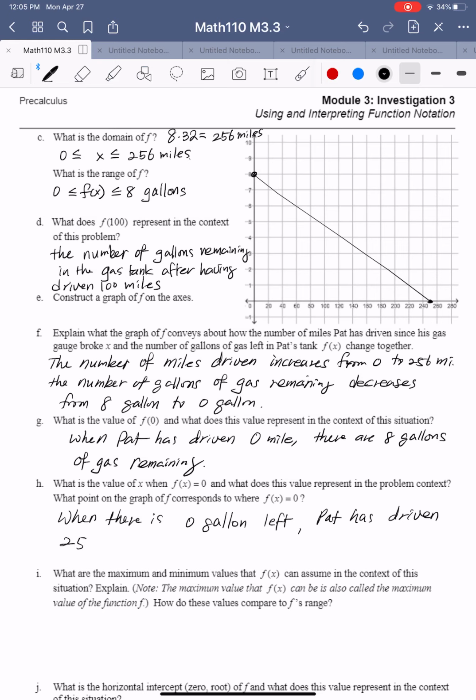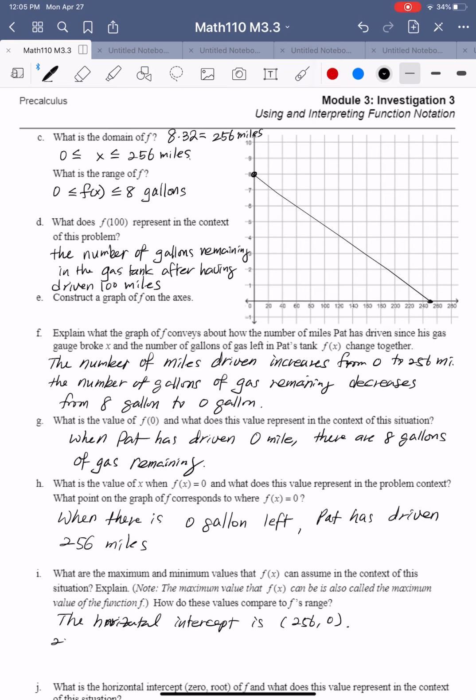So what are the maximum and minimum values that f of x assumes in the context of this situation? What we can do is look at the horizontal intercept, which is (256, 0).